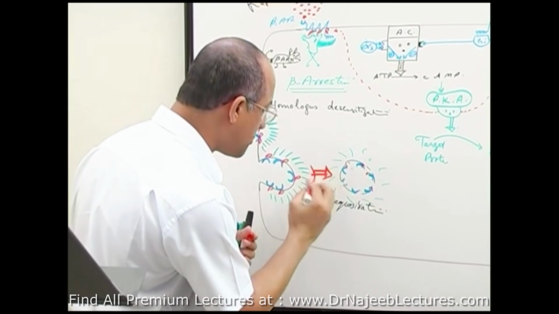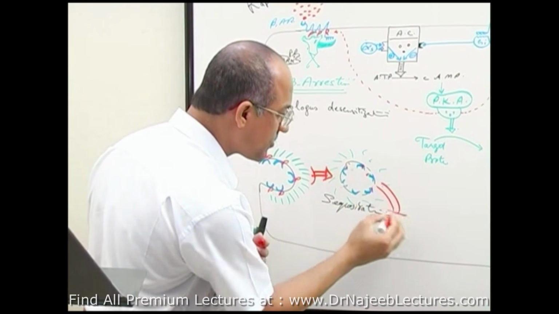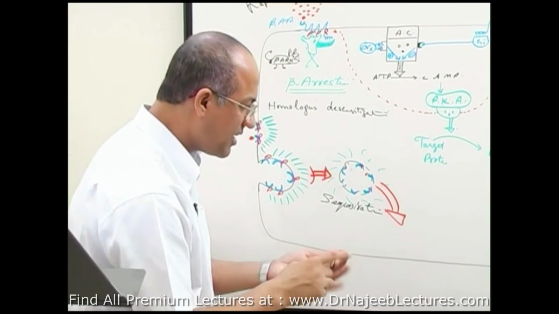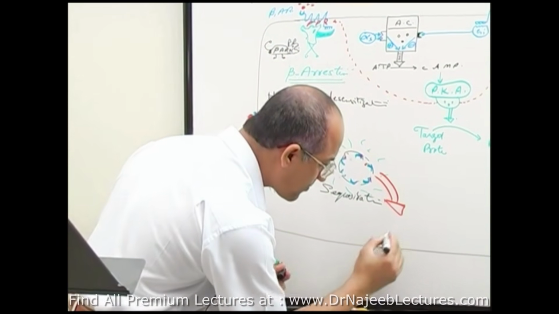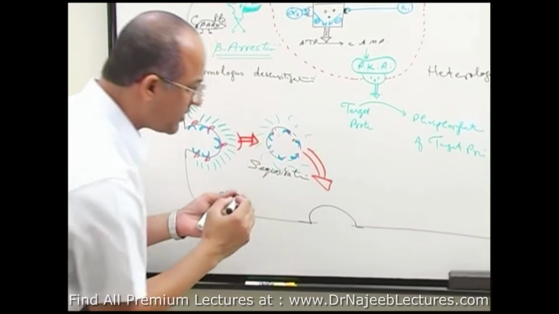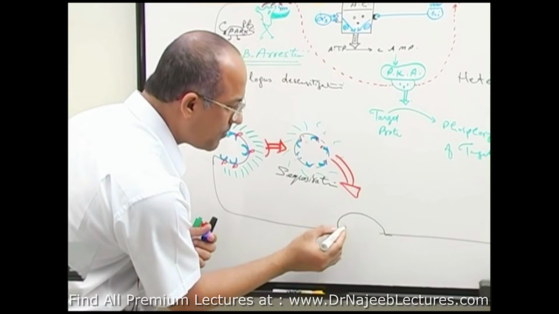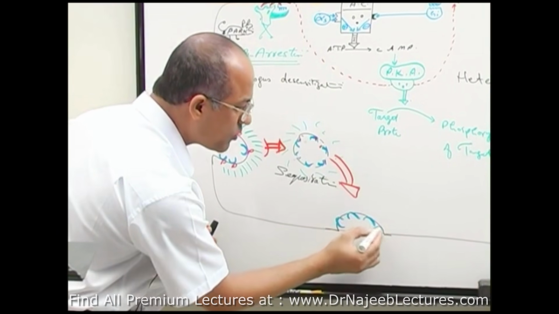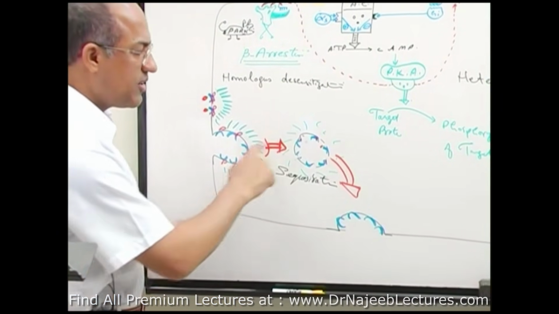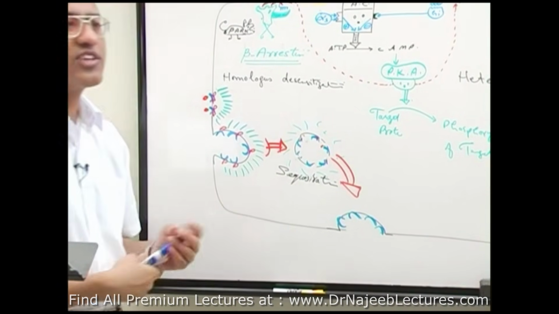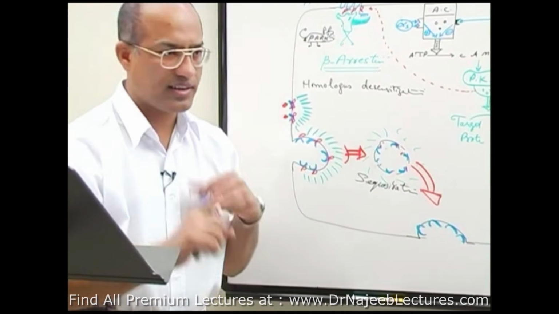What happened to that husband? He came back. Right? So this vesicle will come to the surface, and receptors are again available on the surface. So this was a transient desensitization.